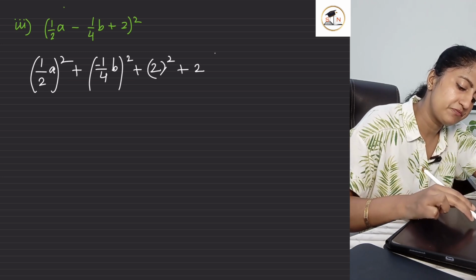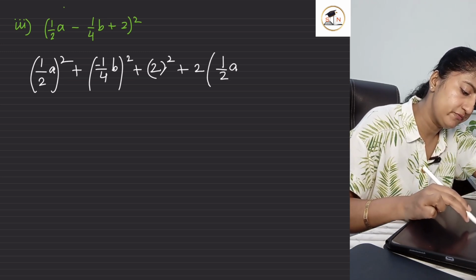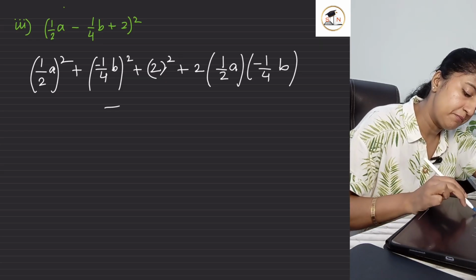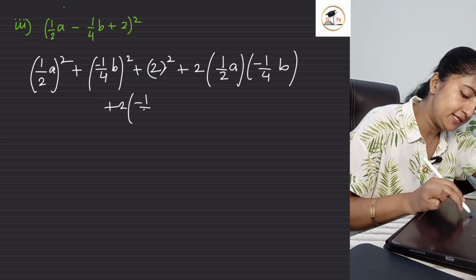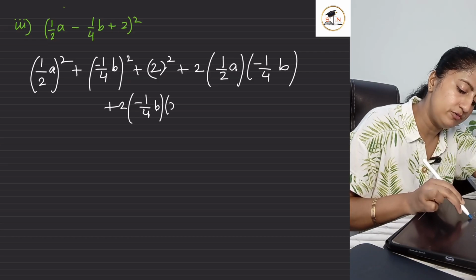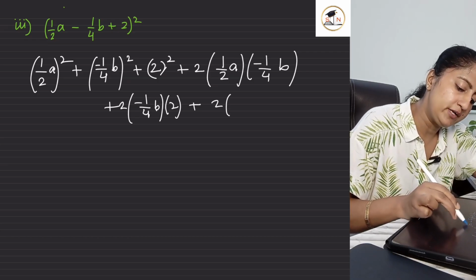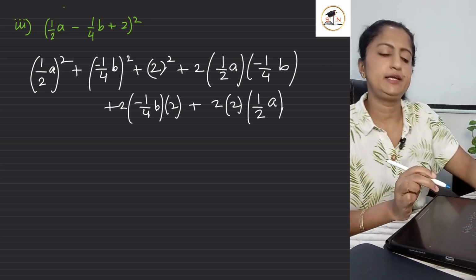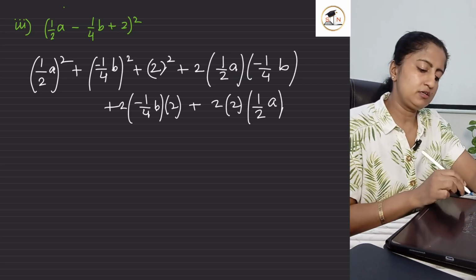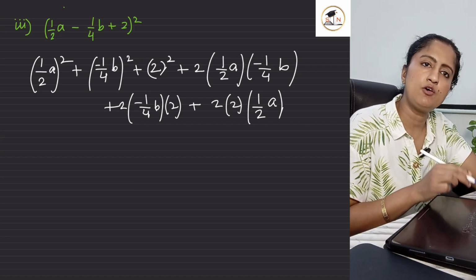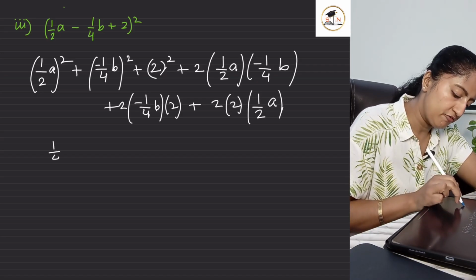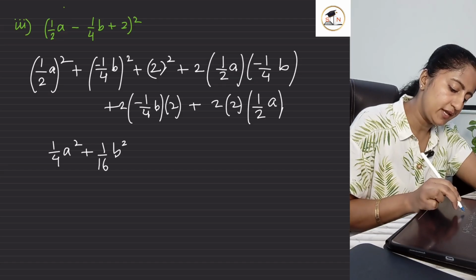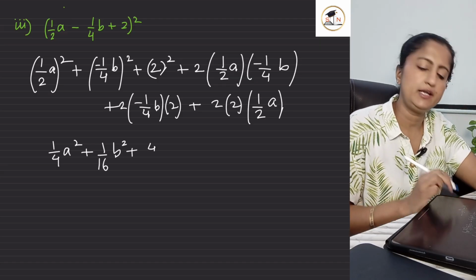Moving on with the products: 2 into 1/2 A into minus 1/4 B, then plus 2 into minus 1/4 B into 2, and the last, 2 into 2 into 1/2 A, right? Now the expansions: (half A) whole square gives you 1/4 A square, then 1/16 B square, and then 4, right?